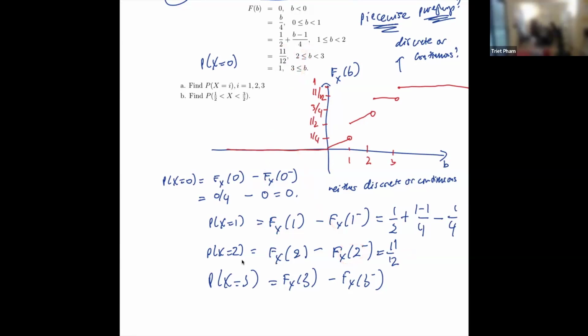So that will be 1/2 plus 2 minus 1 over 4. f of 3 is here. And then f of 3 minus is here.